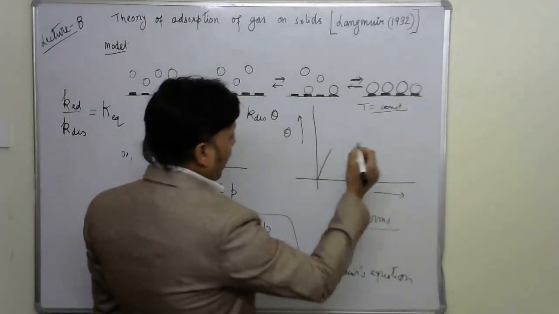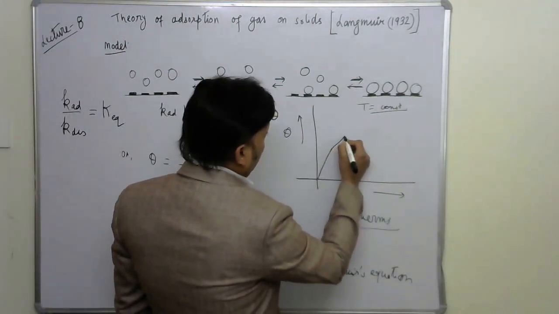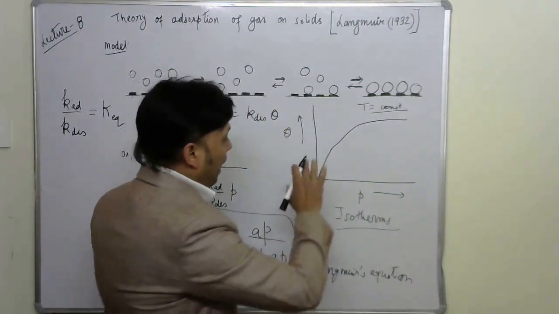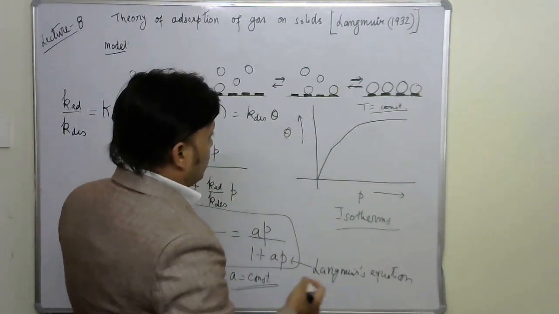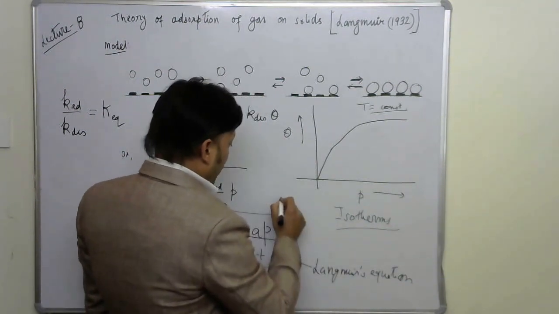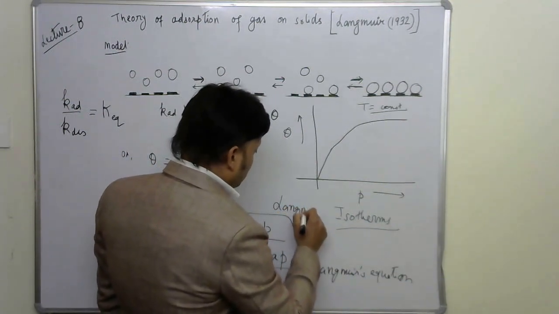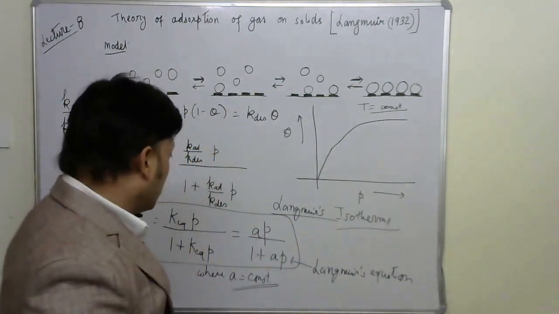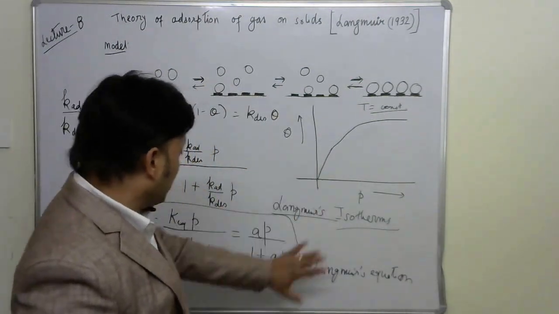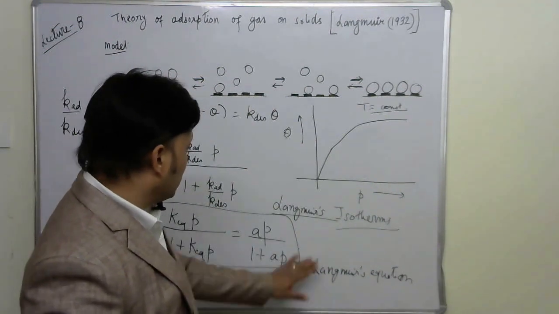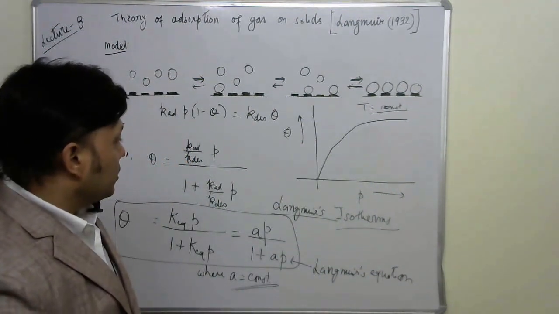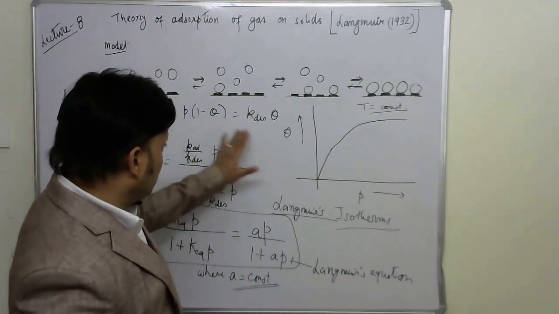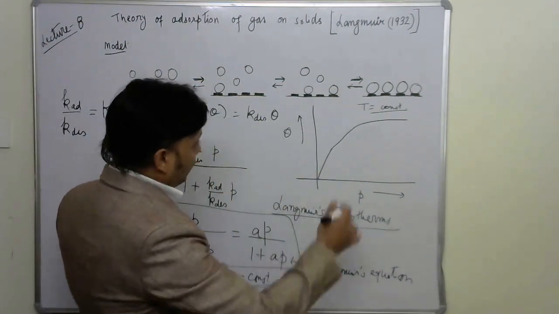So at very high pressure, the theta value would be independent of pressure, so the curve becomes parallel to the pressure axis. This kind of graph is known as Langmuir's isotherm, because it is fitted according to this mathematical formula. So the question is, can you draw this theta versus P plot with different values of A?